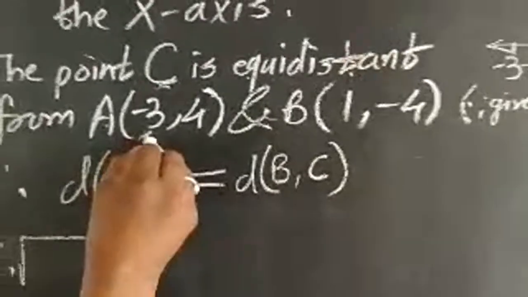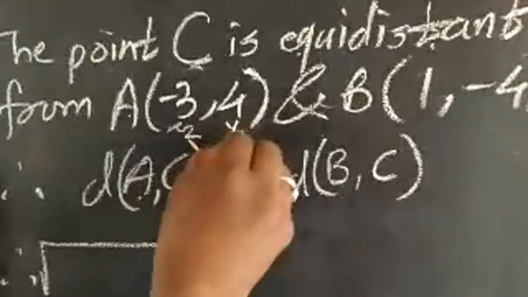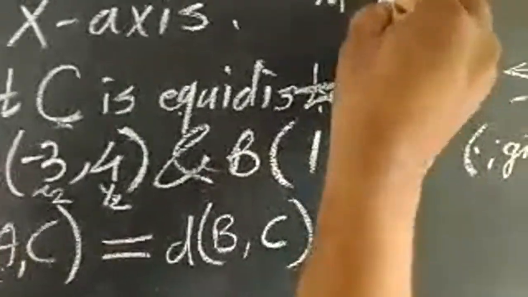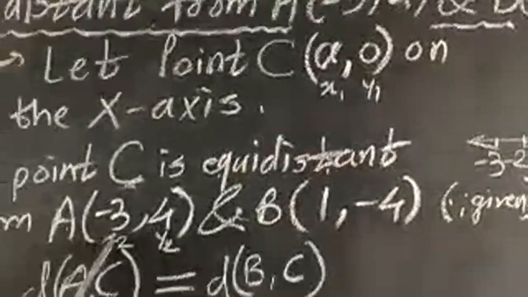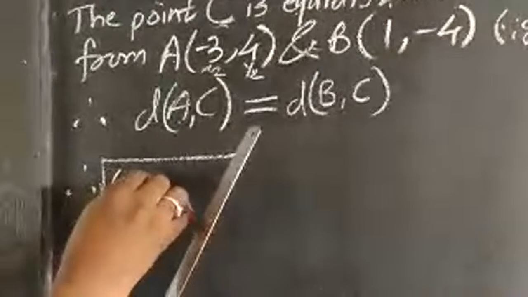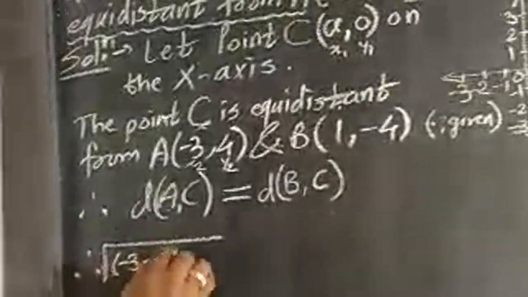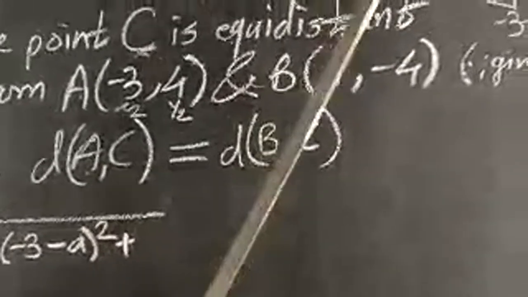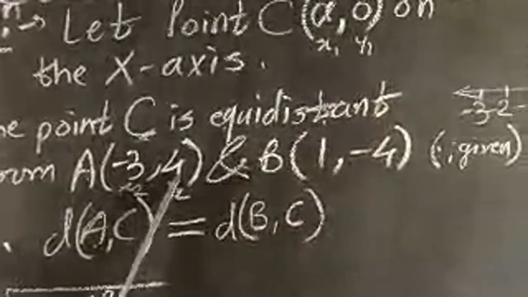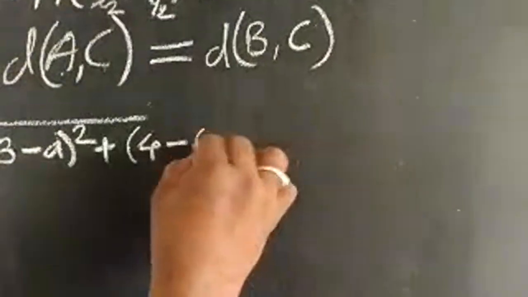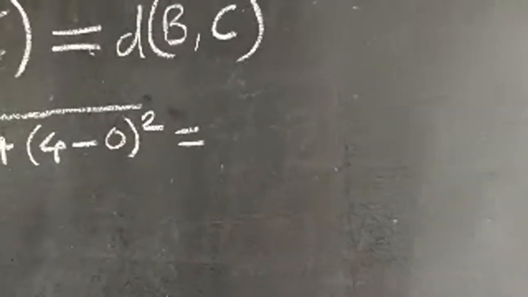Suppose this is x2 and here y2, and point C is x1, y1. x2 minus x1 means (-3 minus a) square plus (y2 minus y1) square, (4 minus 0) square. Yes, y2 is 4, minus y1 is 0, square.